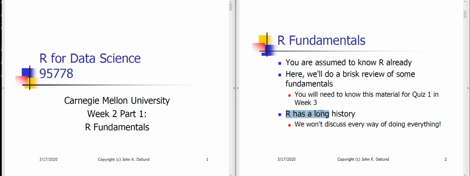Now, one thing I do want to say is that the history of R is very long. R dates back, as I said, to a predecessor language called S that was developed at Bell Labs quite a long time ago. And over the years, R has developed many different quirky ways of doing certain things. You'll often discover that there are multiple different ways of doing the same thing.